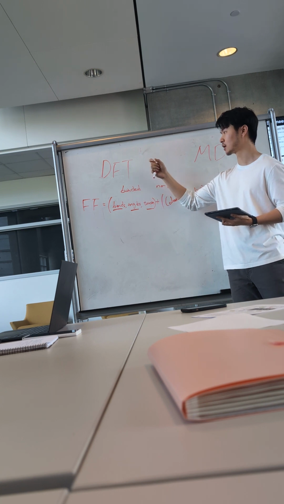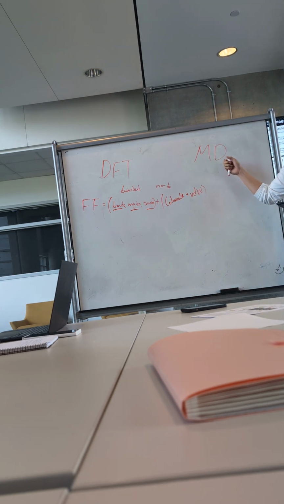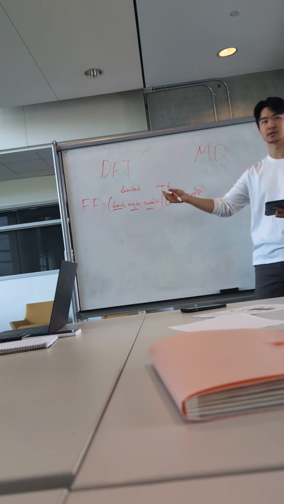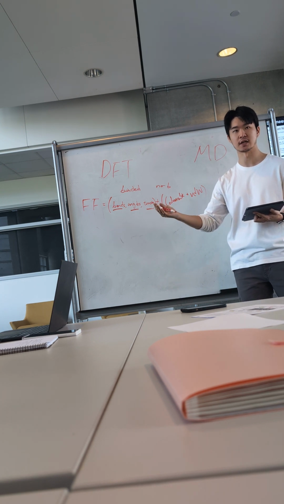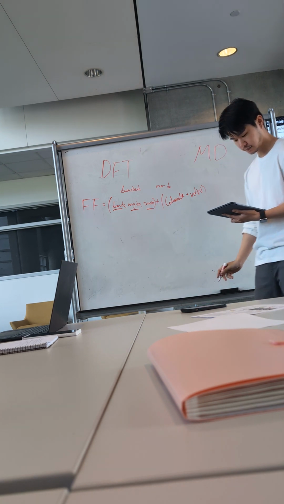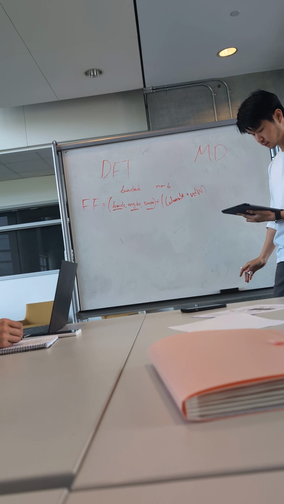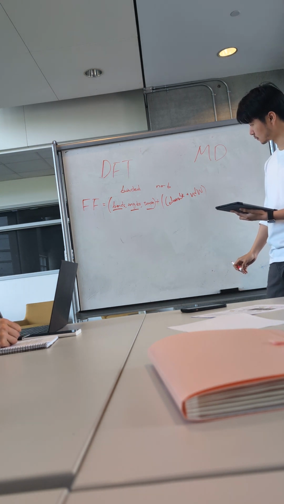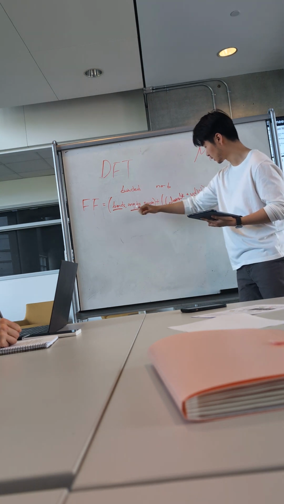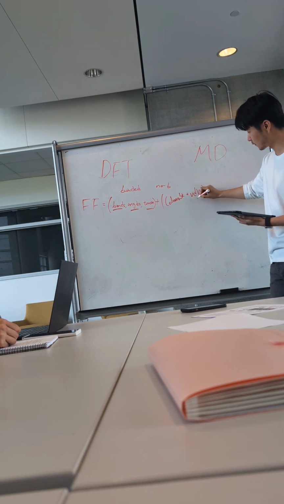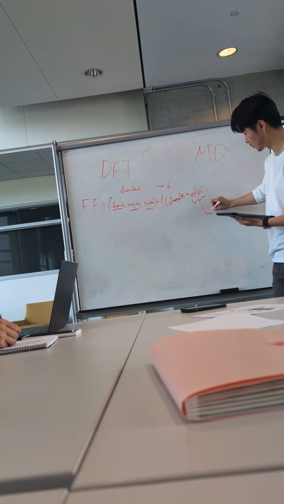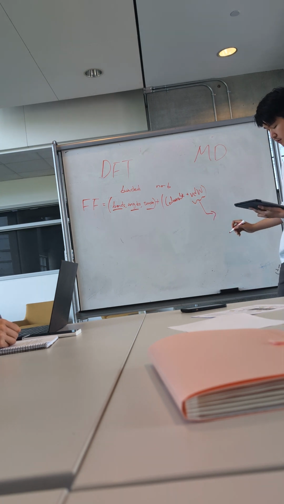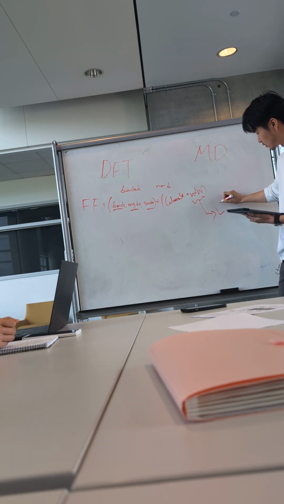That's why you need to carry out DFT first before you do your MD, unless a proper force field is provided. And this van der Waals force, I think you guys all know, is related to the Lennard-Jones potential.